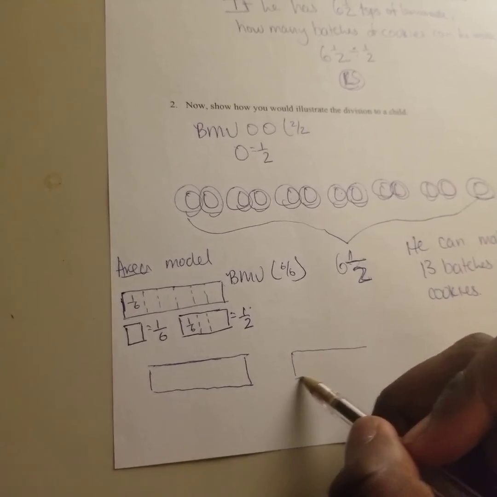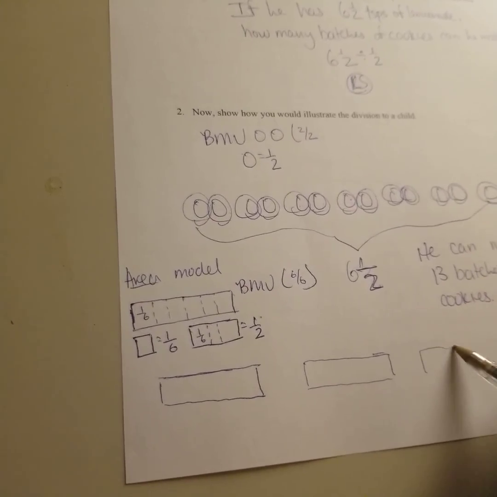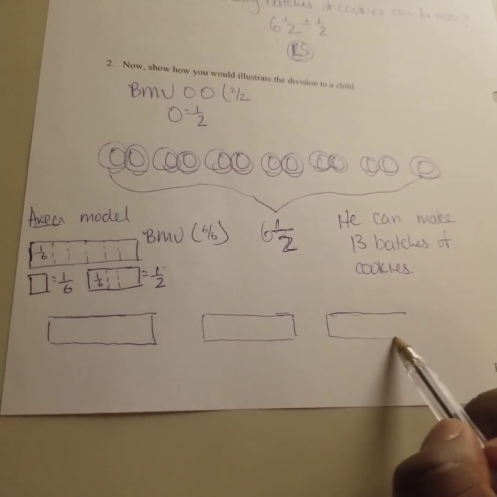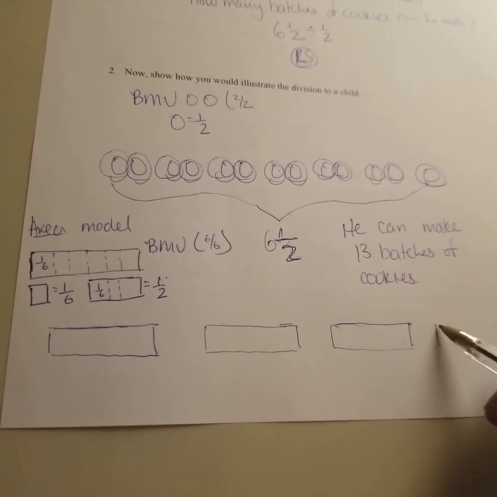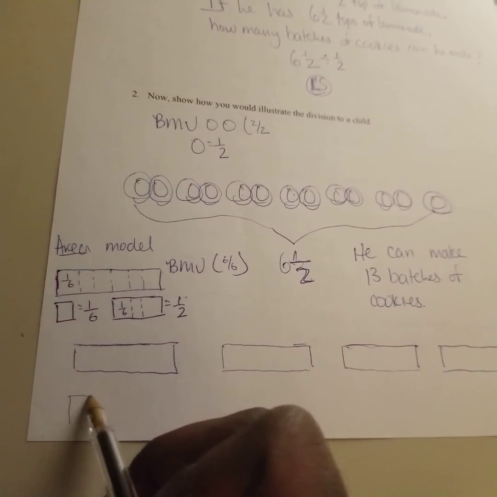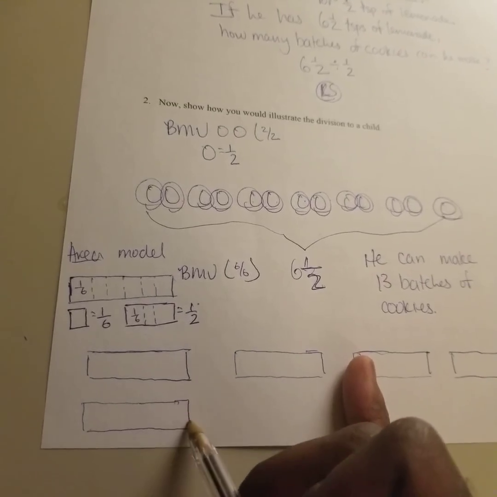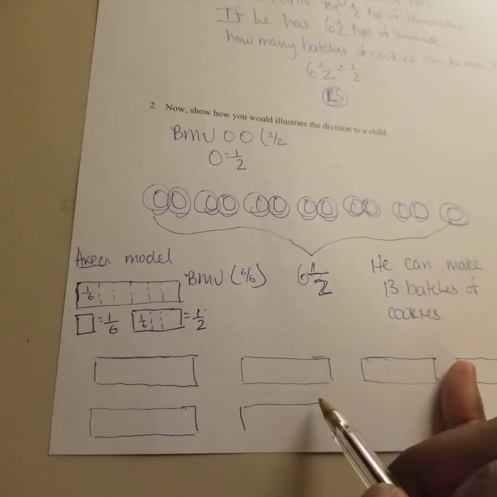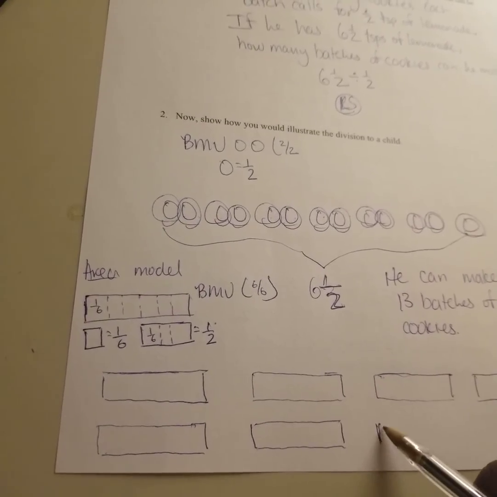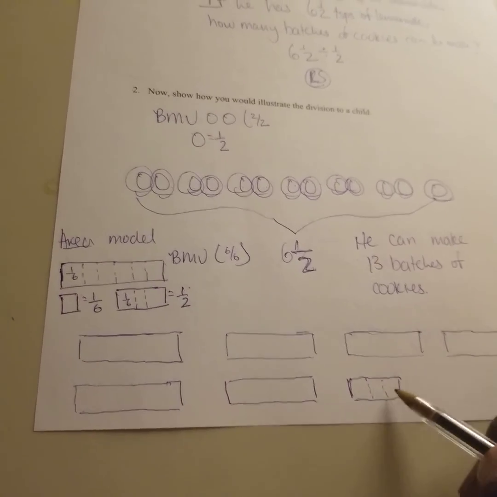It's a little difficult to draw because I'm running out of space. 2, 3, 4, 5, 6, and don't forget that I have a half, so we're going to split that into 3/6.